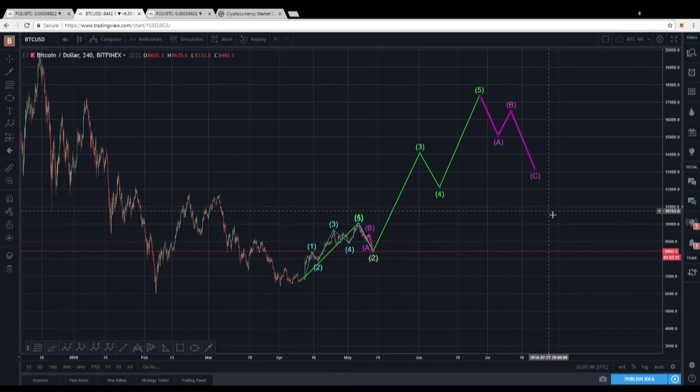And this would all just continue, guys, until you have 3 of these structures, and then we have a corrective 5-wave Elliott wave structure. Instead of an impulse, it becomes corrective. So we would actually run this up 3 times. This is the way it would go.